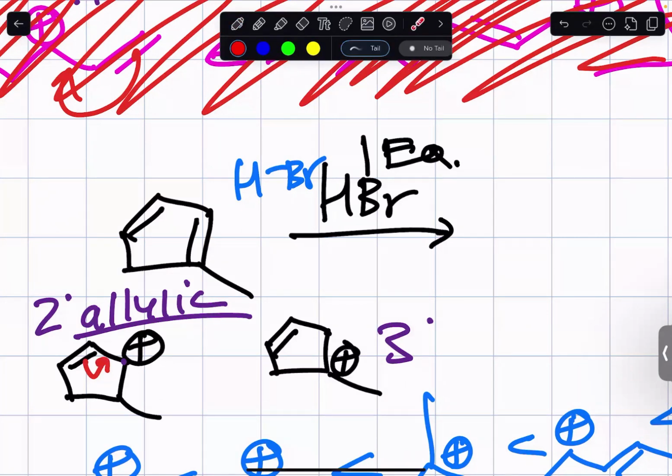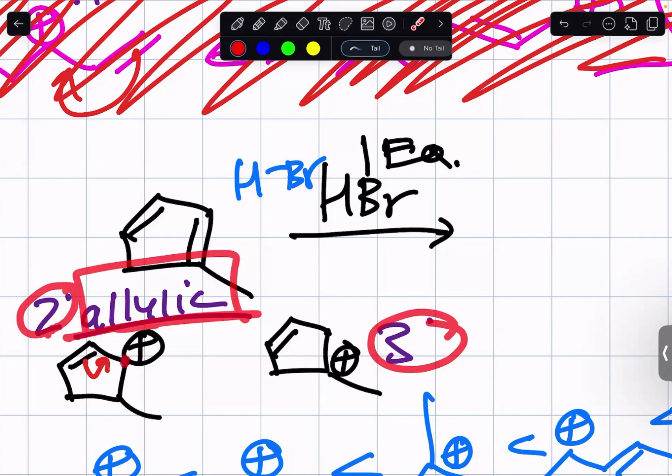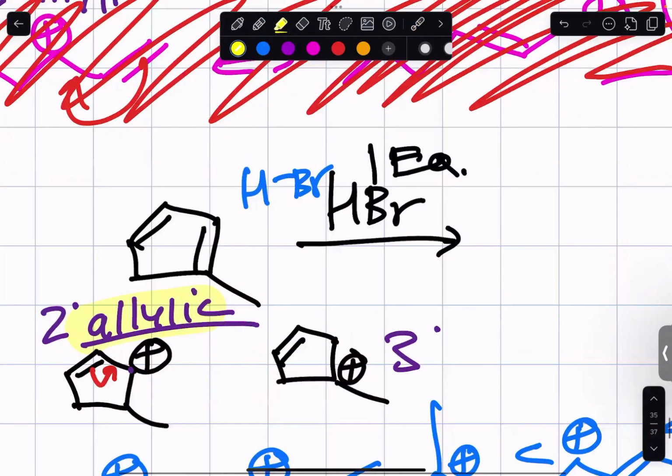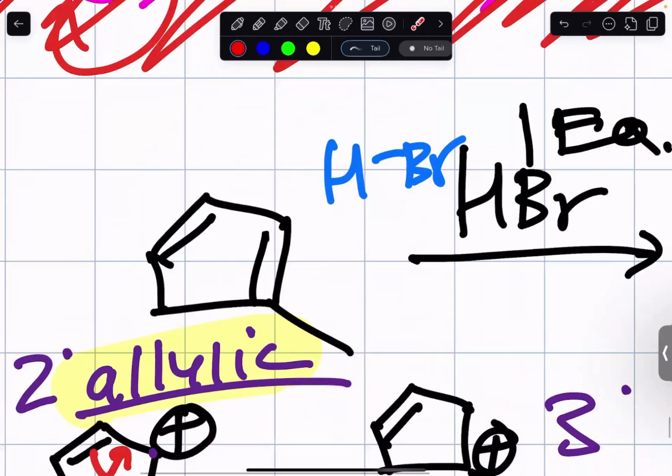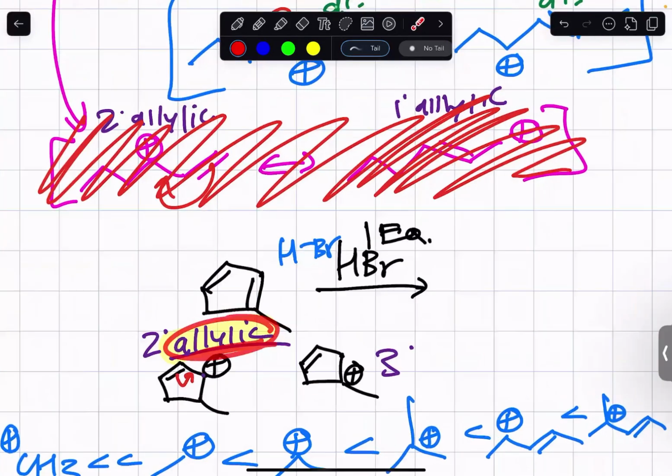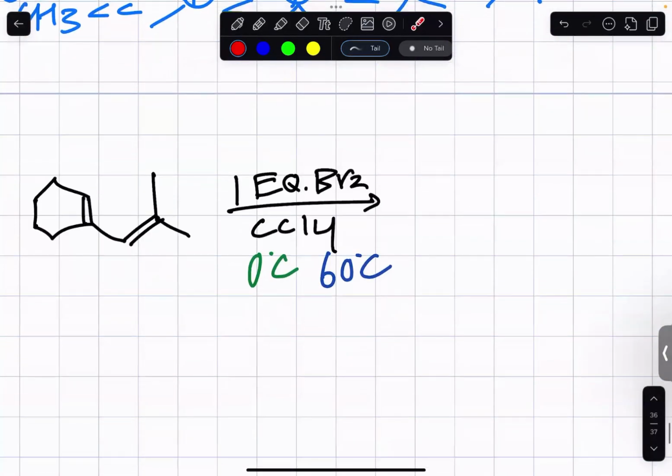Resonance is a stabilizing factor. So even though this looks less substituted, this one is more stable because it is allylic. That's why this allylic position is very important, because it allows for resonance. So when you're making your carbocations, keep in mind this allylic position that can do resonance with the other double bond. Okay, now you guys can try this. Yeah, because of delocalization.